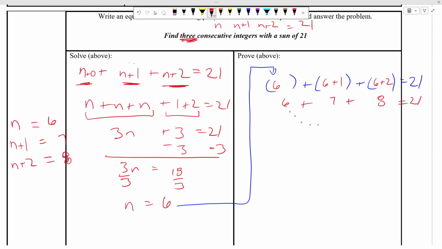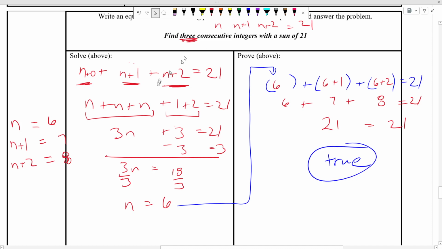There's pluses in between. If I add all these up, they do in fact equal 21. This is a true statement. We have determined that the initial starting point, n, was 6, and then we found the successive integers from there.